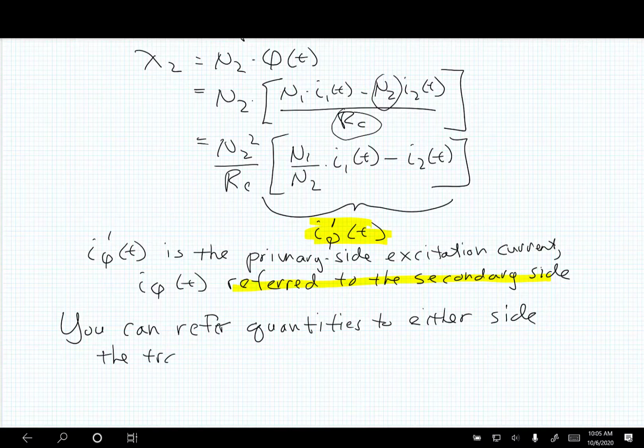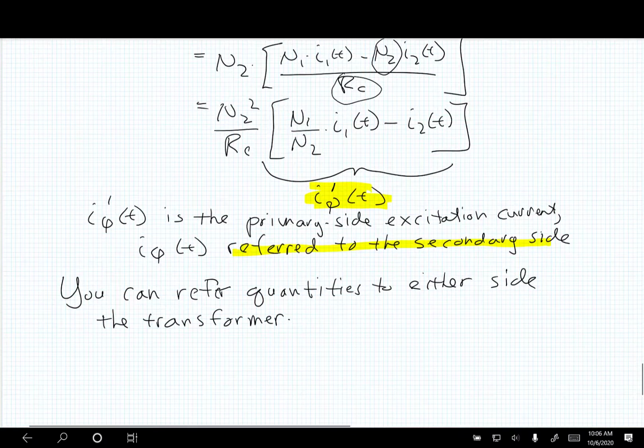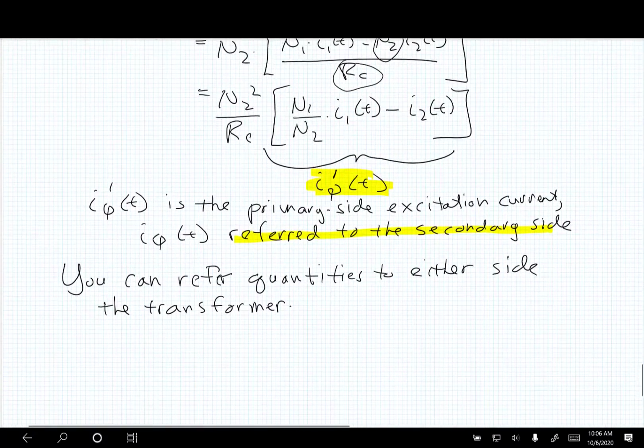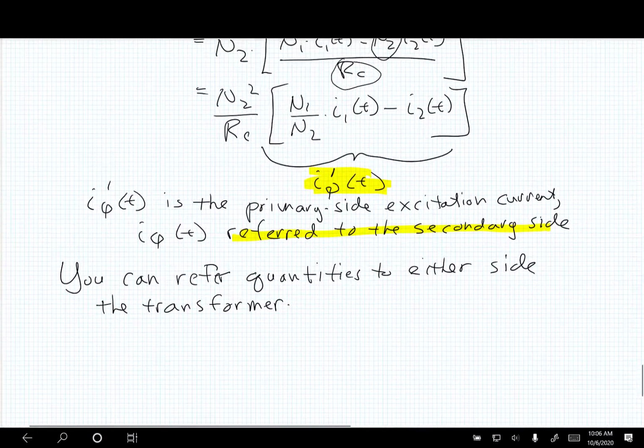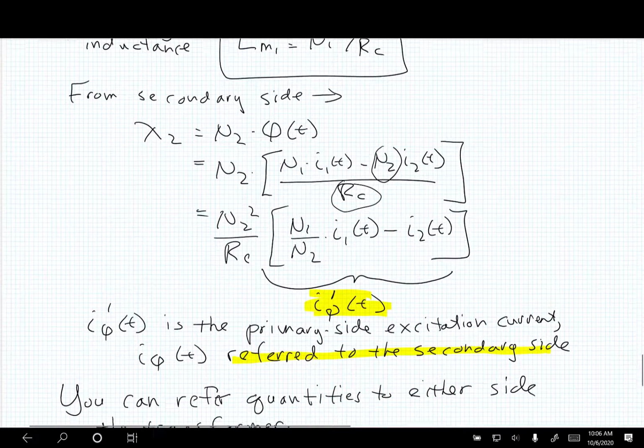And this is a very powerful thing that will help us solve problems with transformers. We're going to come back to this, but right now I'm just highlighting it.